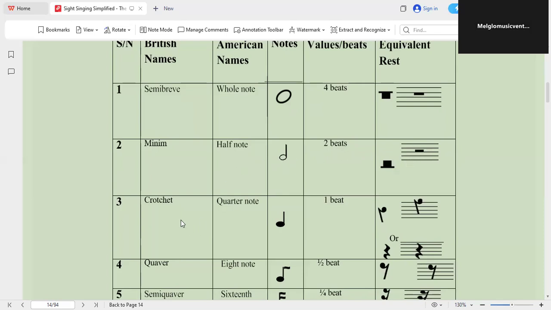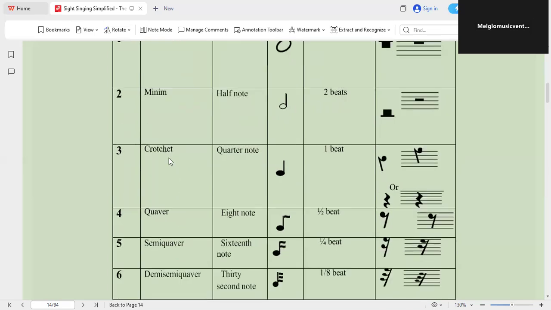So we also have crotchets in British, quarter notes in American, and this is the symbol. It is 1 beat. I've made crotchet 2 times now. Now let me make a sound for just 1 crotchet. It's like this.